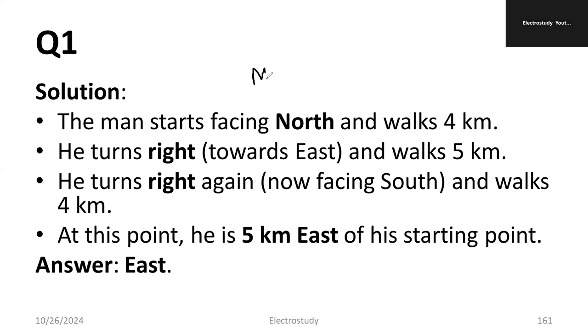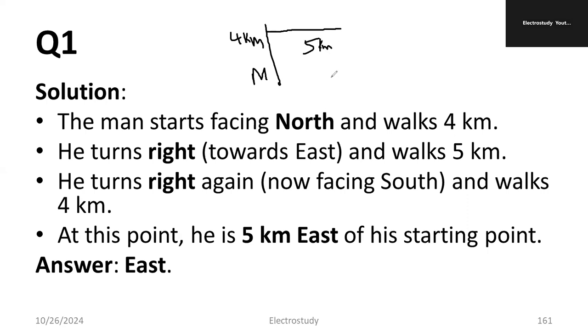Like a man is starting here. Once again, for your reference, the man is facing towards the north and walks 4 kilometers. Next, he turns right towards the east. 5 kilometers.